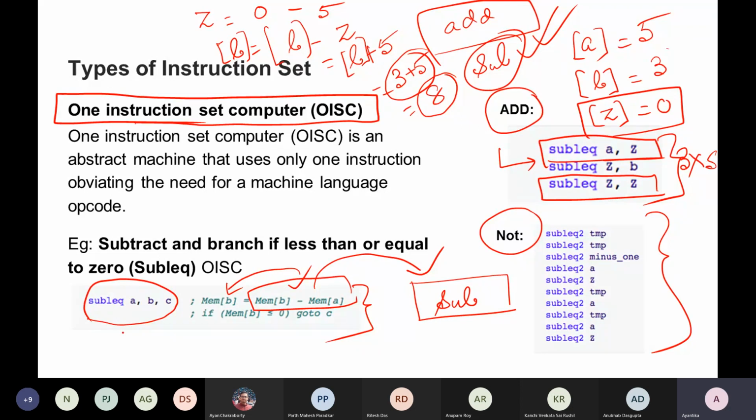Now, if we are thinking about one processor, maybe our modern processors that directly support one adder module, that means you are not using multiple instructions. Just one instruction you write, add, and your underlying processor executes that add for you. And this add you may do in one clock cycle or one machine cycle.